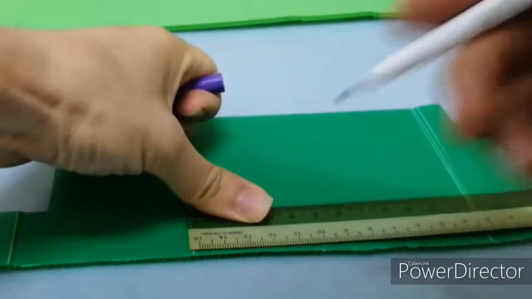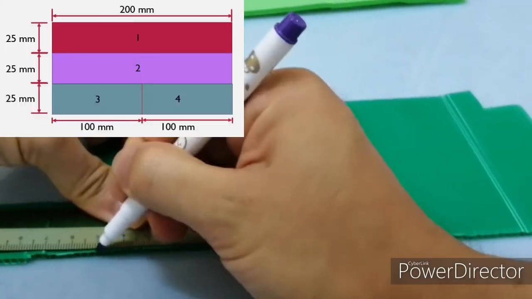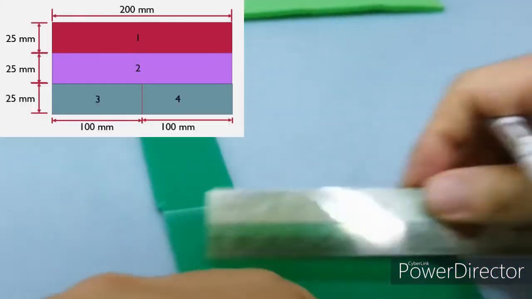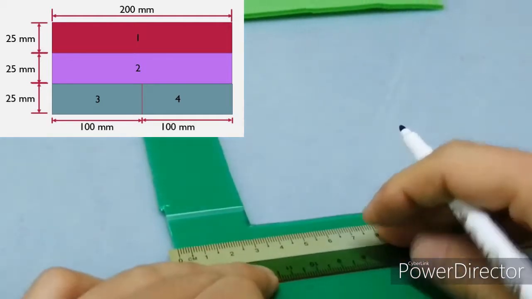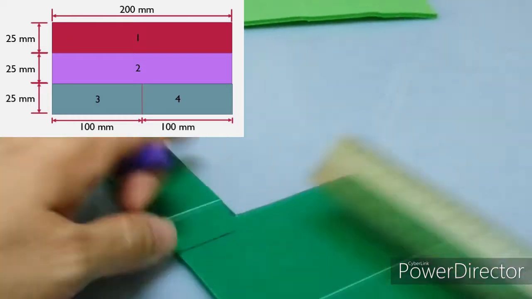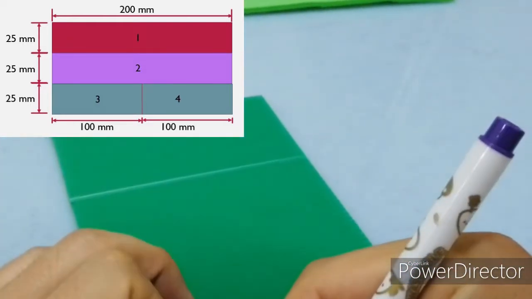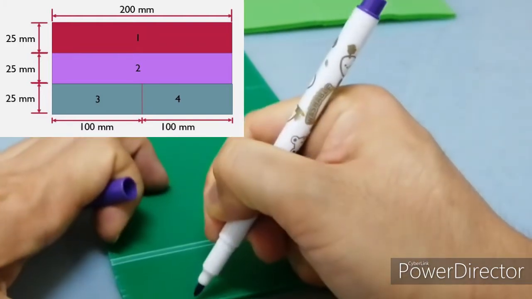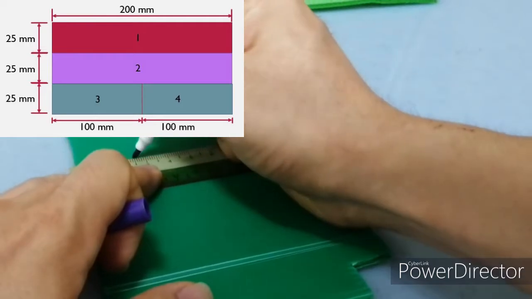First, mark the areas that we need to make 4 strips of materials as shown in the last slides. The 4 pieces are 2 longer pieces with length of 200mm and width of 25mm, and 2 shorter pieces of length 100mm each, with the same width of 25 millimeter.